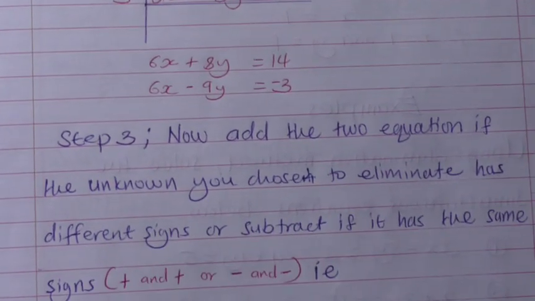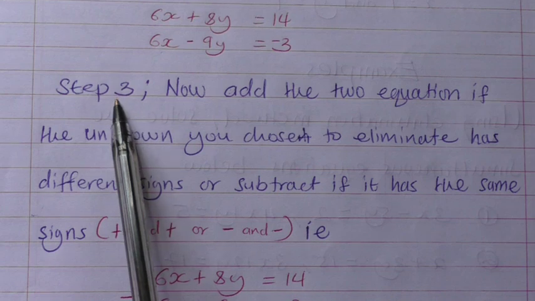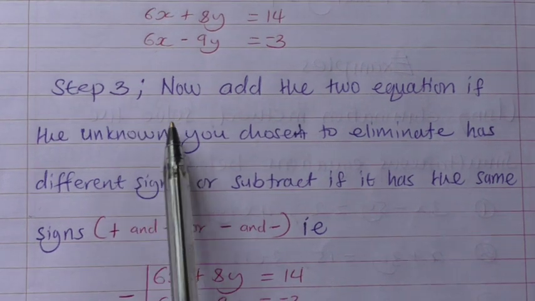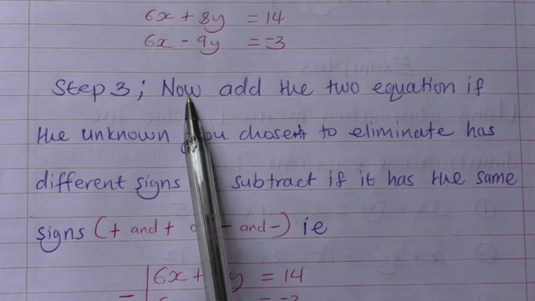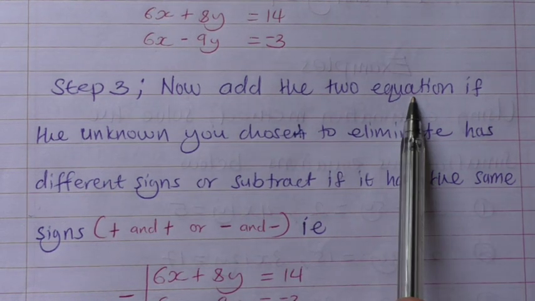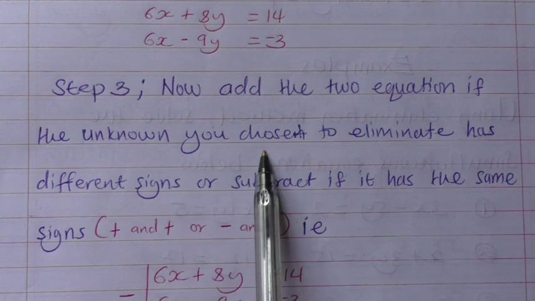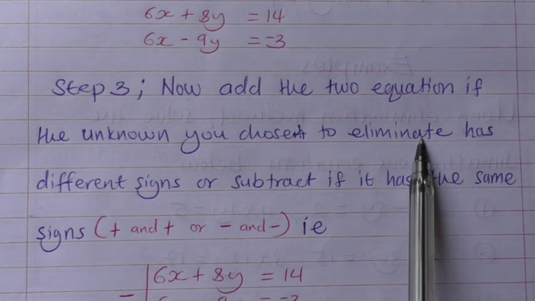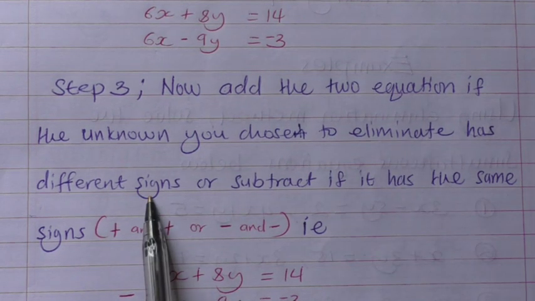After that, we now go to step 3, which tells us to add the two equations if the unknown chosen to be eliminated has different signs.